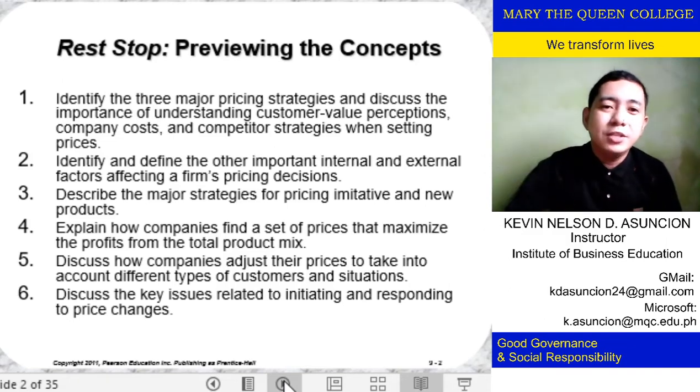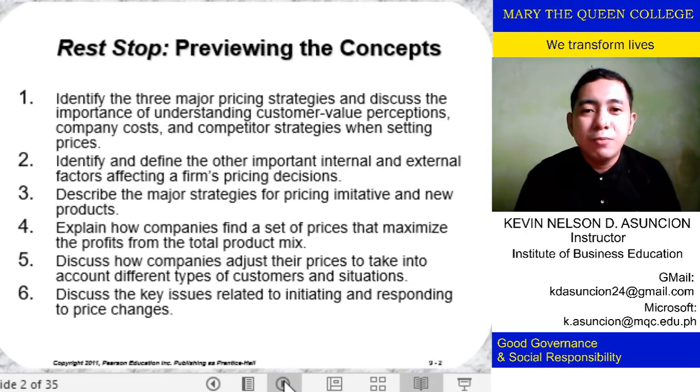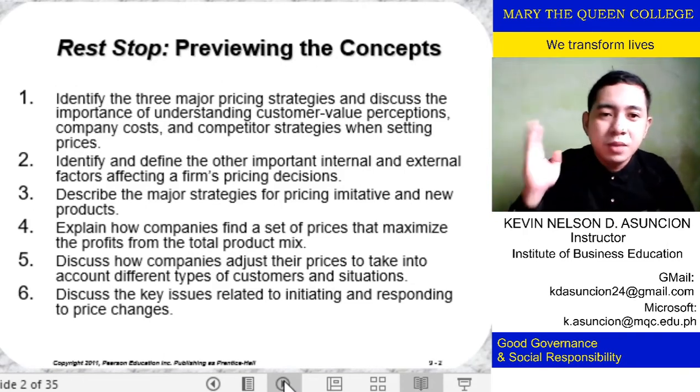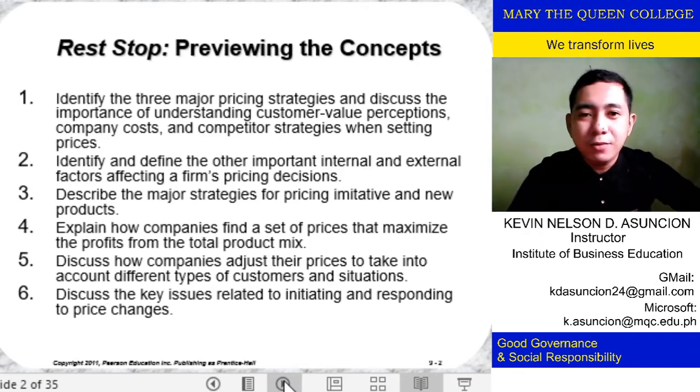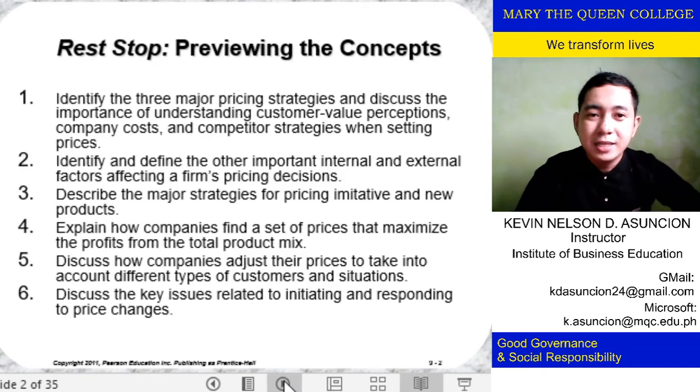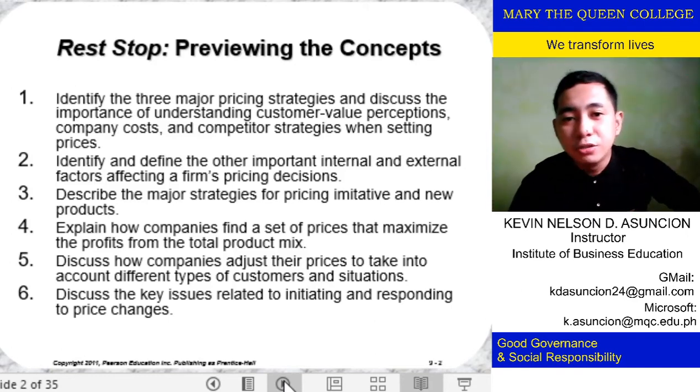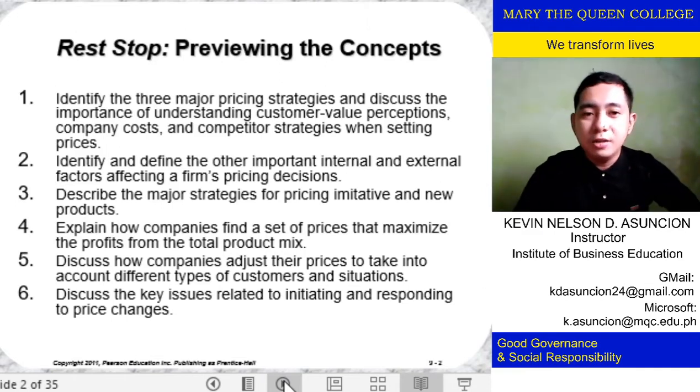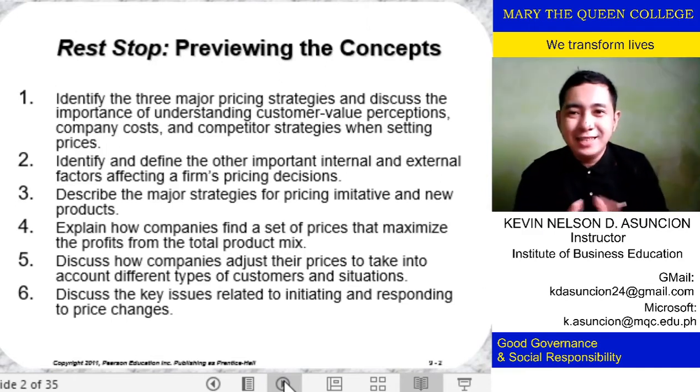Number three, describe the major strategies for pricing imitative and new products. Number four, explain how companies find a set of prices that maximize the profits from the total product mix. Number five, discuss how companies adjust their prices to take into account different types of customers and situations. And lastly, discuss the key issues related to initiating and responding to price changes.